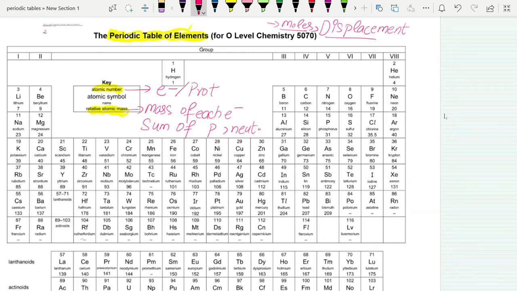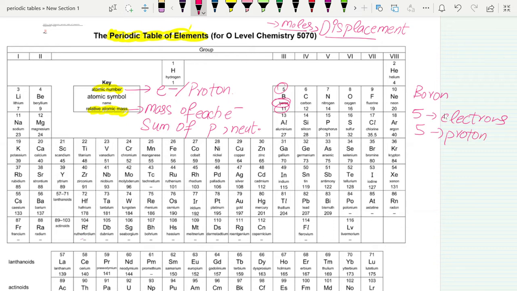Like, for example, let's take boron. Boron has an atomic number of 5 and an atomic mass of 11. Now, boron has 5 electrons and 5 protons.